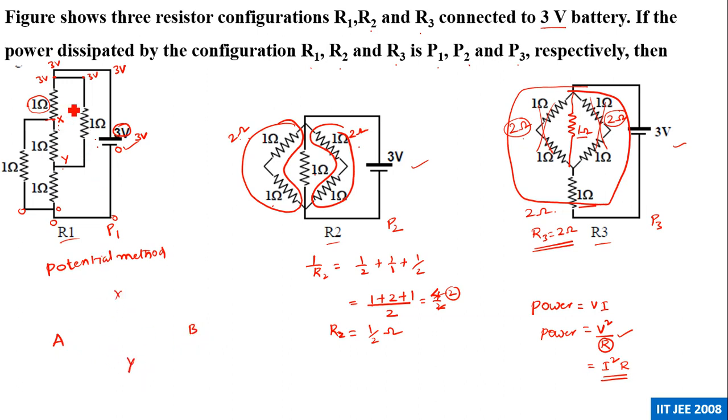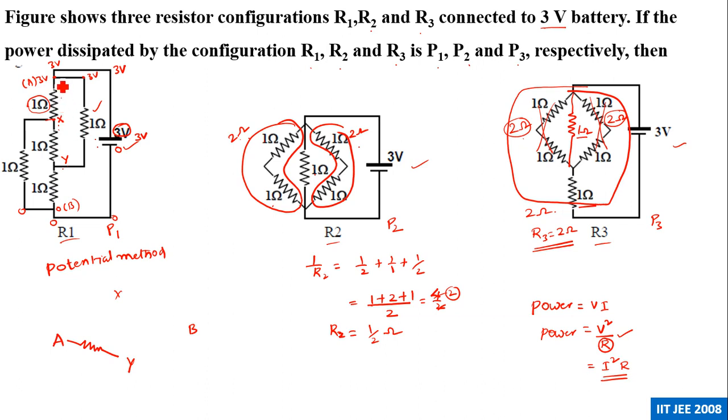So let's just look at this. Let us take 3 volts at point A, and 0 volts at point B. Now this resistor is in between 3 and Y, that is A and Y. Now take this resistor.